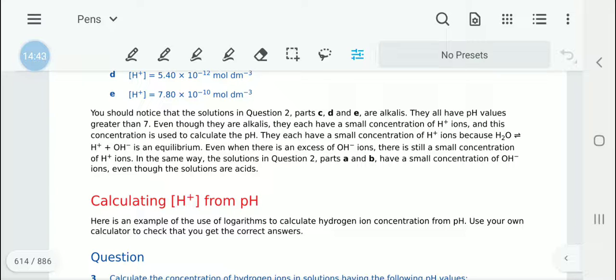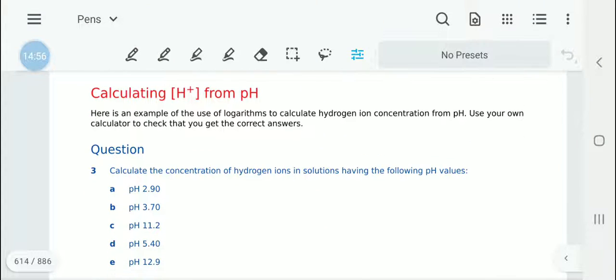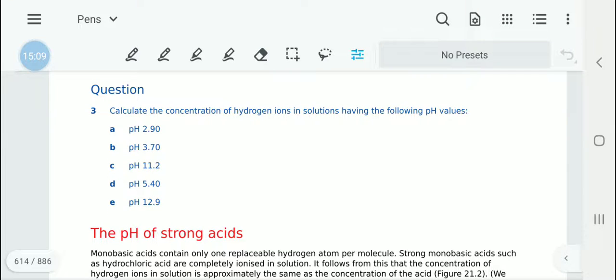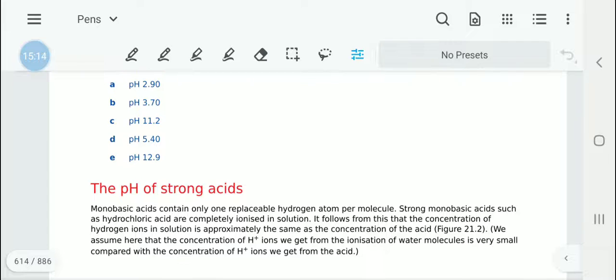Their pH is in the alkali part, that is above 7. But because they still have H plus ions, we use that to figure out the pH. The reverse can also be done the same way: the H plus ion concentration can be found from the pH by going in reverse. Use the calculator and see whether you can figure out how to do that. If you have any doubts, please ask me questions.